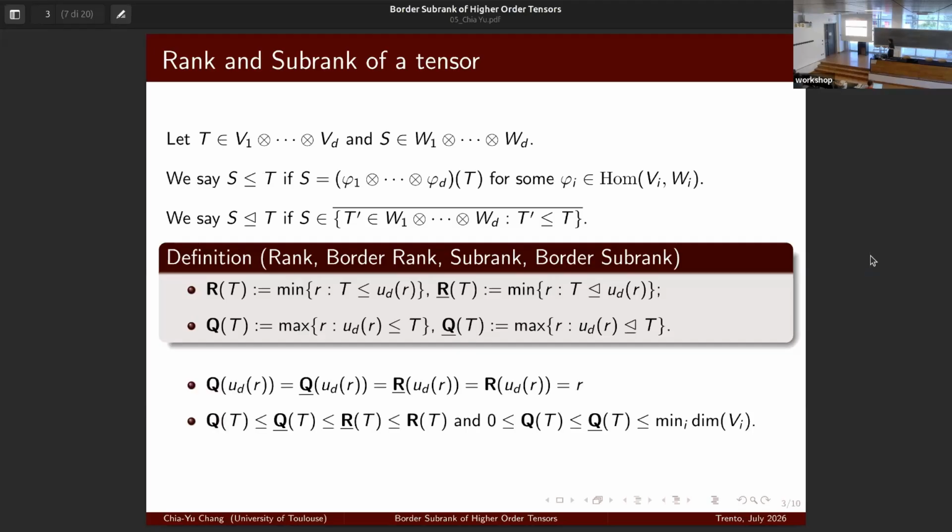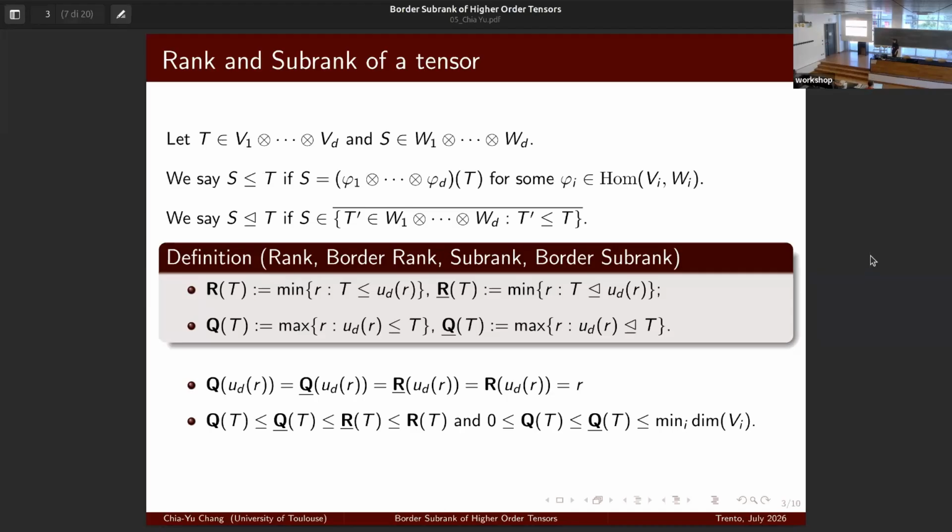There are some properties of it. First, for order 2, the matrix case, these are all the same as the matrix rank. And if we consider the diagonal tensor, then all these values on the diagonal tensor are equal to the size of the diagonal tensor. From the definition, there is an order between these quantities: subrank is less than or equal to border subrank, then border rank, then rank.